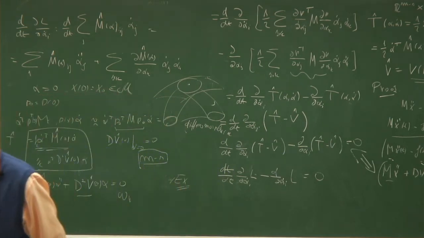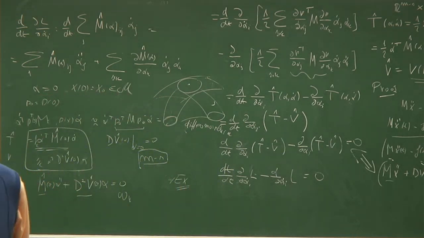Why? Well, because in computing, practically, such things, you will hardly take any parameterization. You will work directly. That means that you will have to linearize not the Lagrange equation, but the original equation where you see the manifolds.